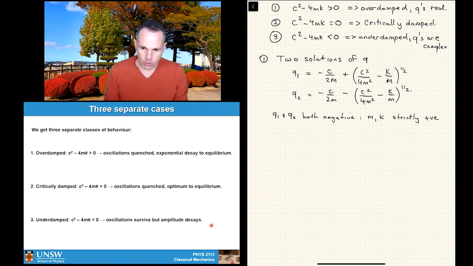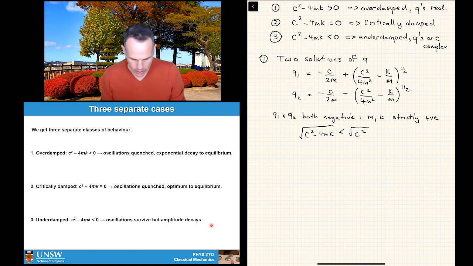Because of that, we can write the following relation. The square root of C squared minus 4mk has to be less than the square root of C squared. And the square root of C squared has to be, well, less than or equal to C, okay?